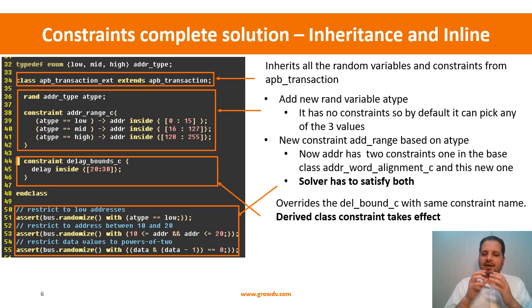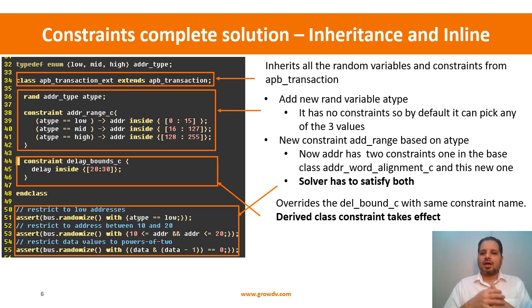It has to satisfy both of them. The second thing is I can take an existing constraint which was defined in the base class and override it with a different constraint. That is possible. Note here that I am not adding, I am replacing. So how do I do those two things?